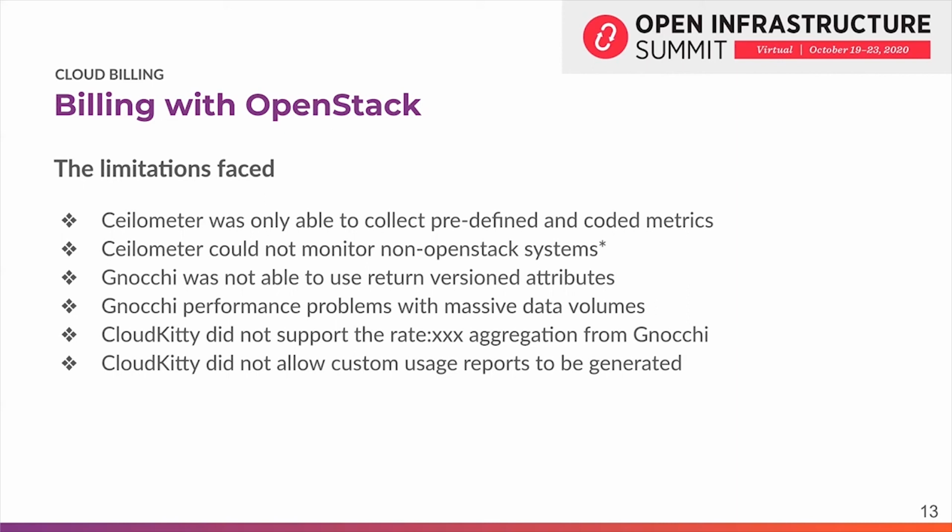And last but not least, the usage reports. Cloudkitty had a fixed usage report model, meaning it would only return the resource ID, the quantity of the resource that was used in hours, and then the price. But for our use case, we wanted to be able to retrieve, for instance, the metadata, the attributes that are stored in Cloudkitty as well.